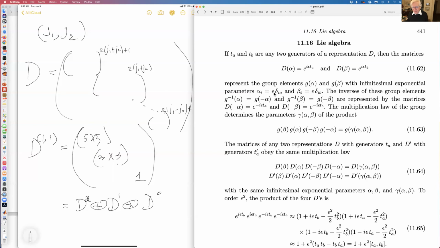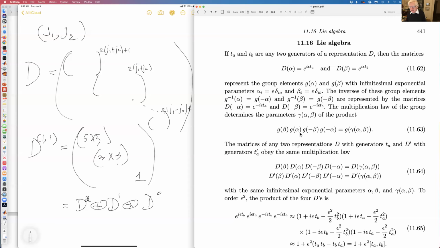So in other words, the alphas are just epsilon for only the case i equal to A, and the betas are epsilon, but only for i equal to B. The inverses of these group elements obviously look like that, and they're represented by these matrices.